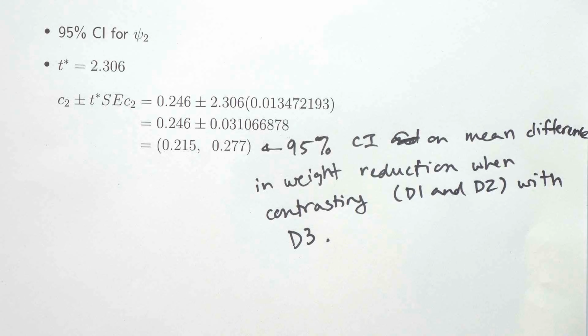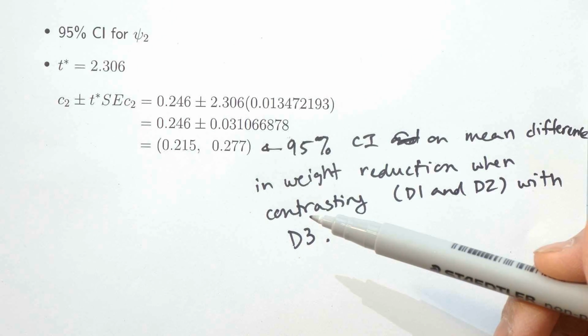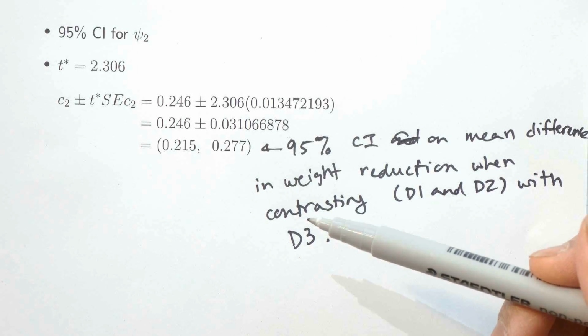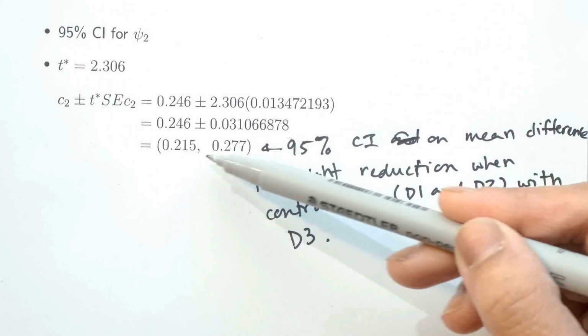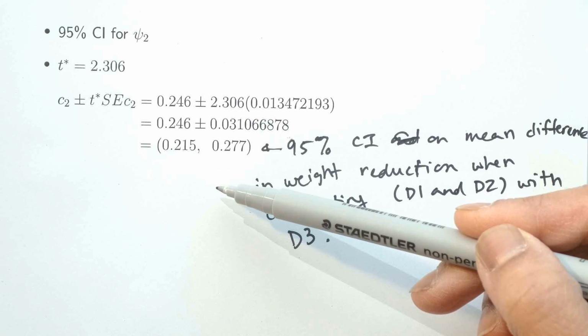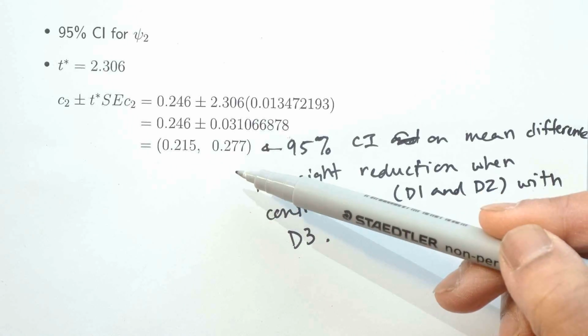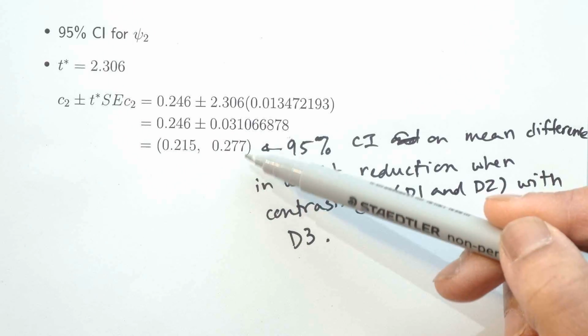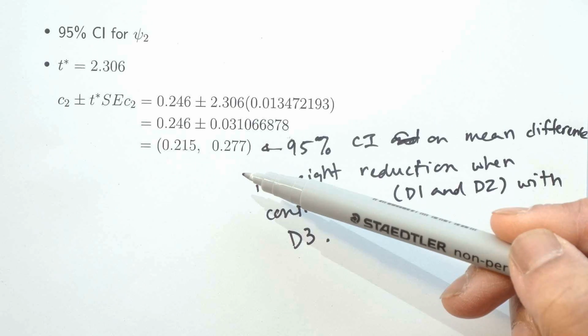From a scientific perspective, remember, this is all done in pounds. So if you have a new diet and its great claim to fame is that it will help you reduce 0.215, or at the greatest, that we've got is 0.277, so less than 0.3 pounds.